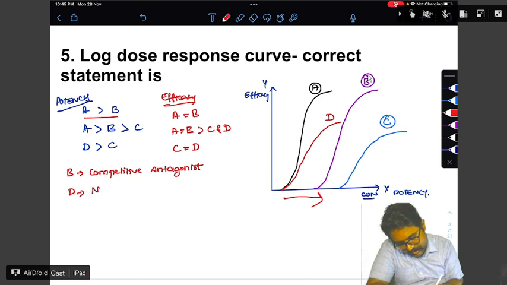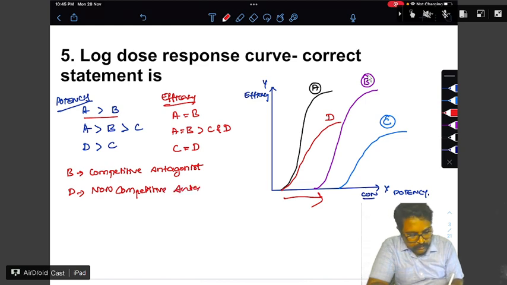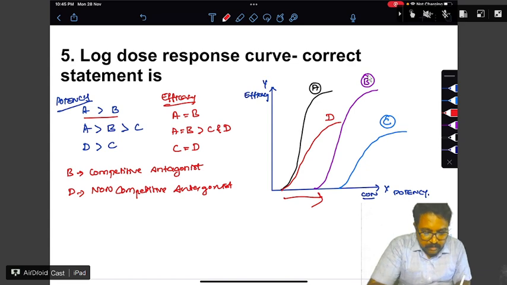Drug D is a non-competitive antagonist. Although they have similar potency, even if you increase the dose, the efficacy is decreased.